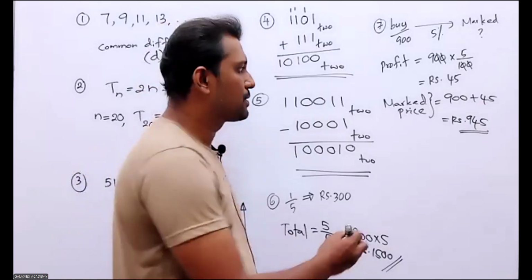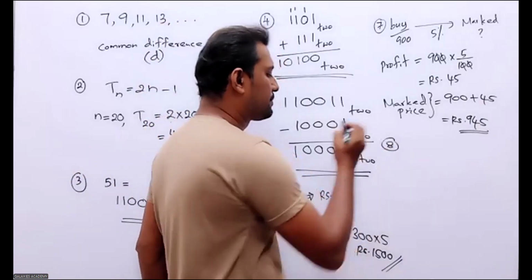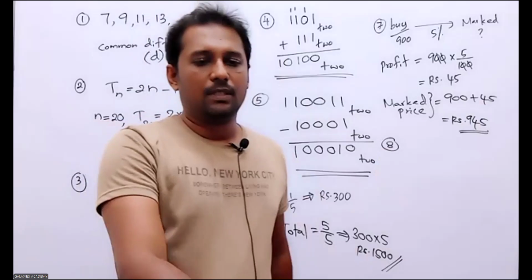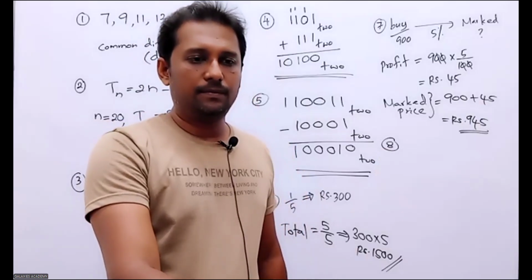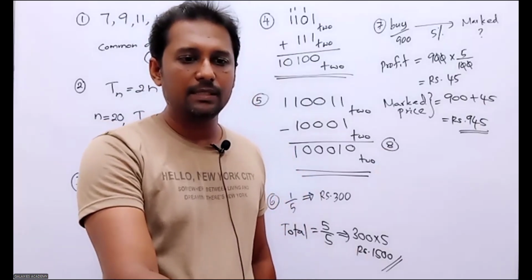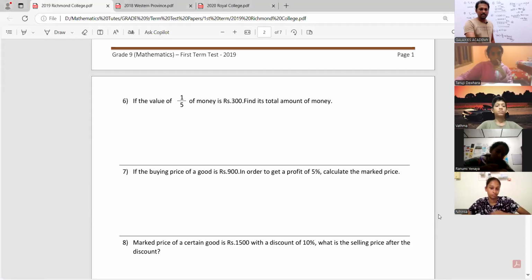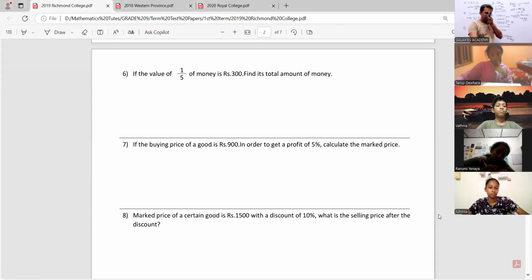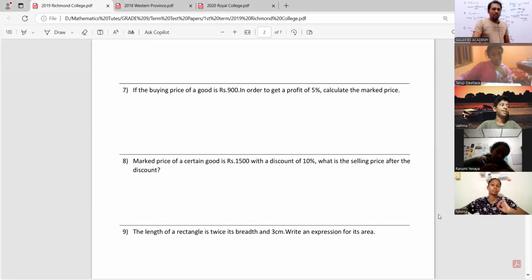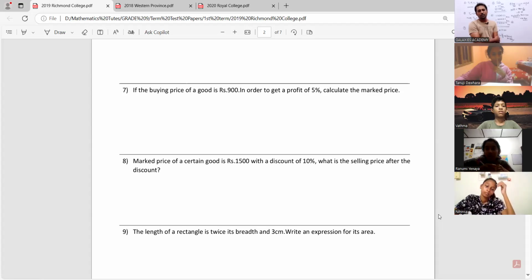Right? Then let's go to number 8. Number 8 is given. Another percentage question. The mark price of a certain good is 1500 rupees with a discount of 10%. What is the selling price after the discount?